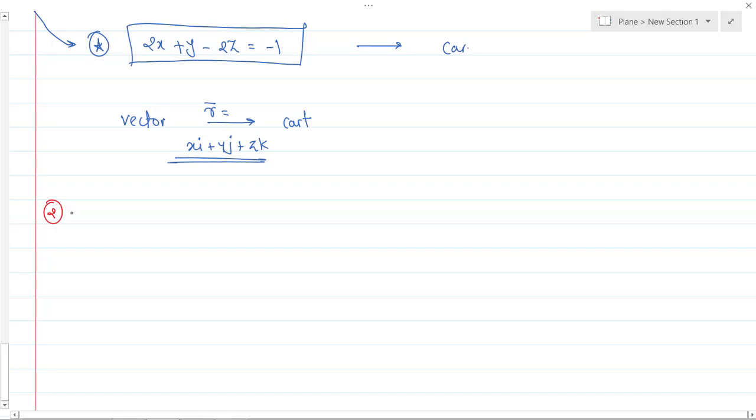Find the foot of perpendicular drawn from the origin (0, 0, 0) to a plane is M, where M is (2, 1, -2).